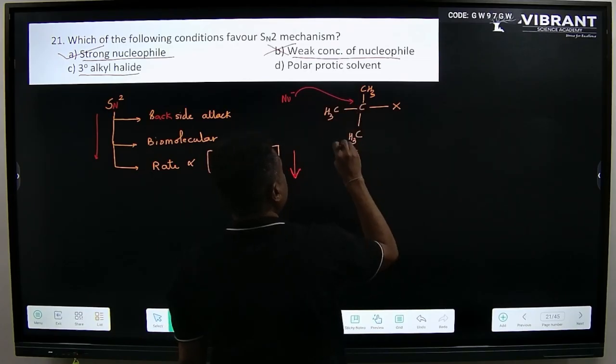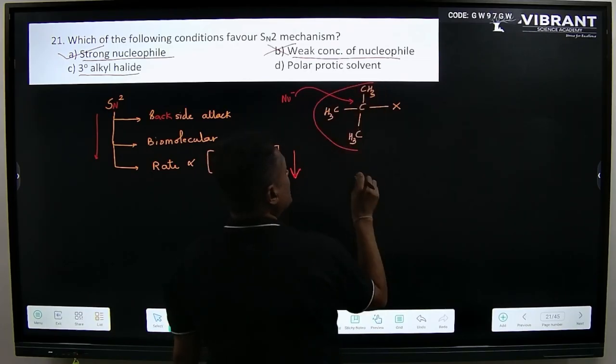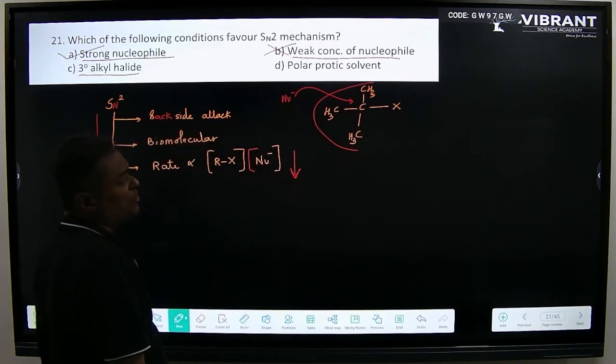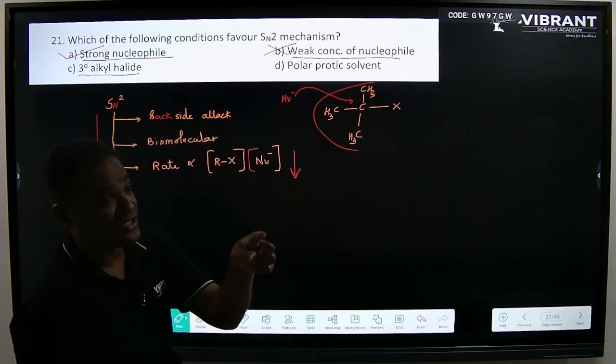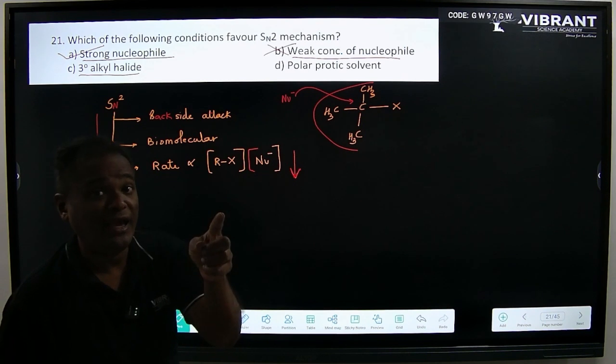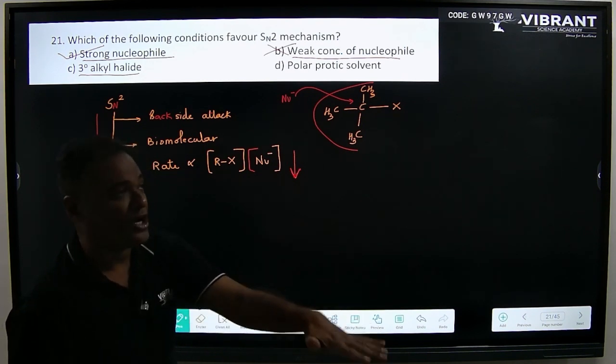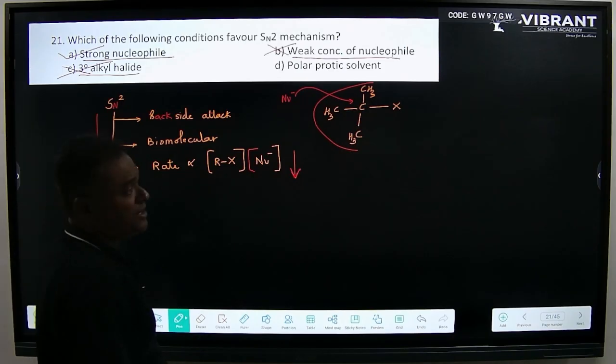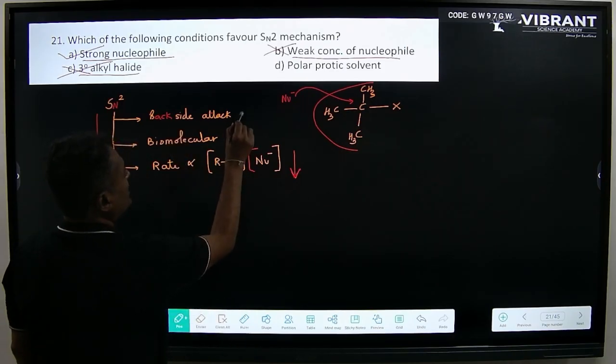No, because these 3 methyl groups will start repelling it. Because of steric hindrance, your nucleophile cannot attack a tertiary, and that is why practically tertiary alkyl halides do not undergo SN2. So, even this is not the answer. Is it clear? That is the meaning of backside attack.